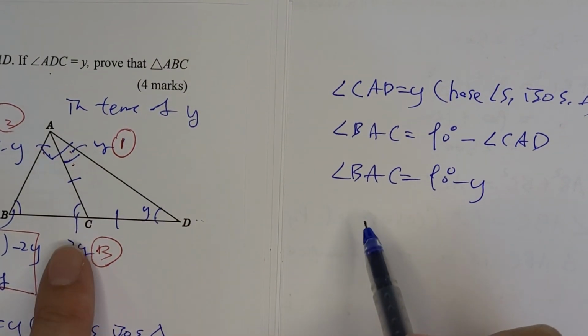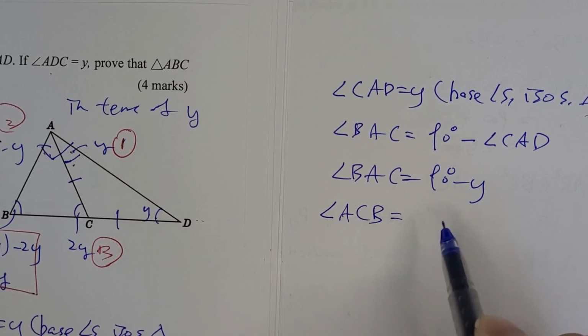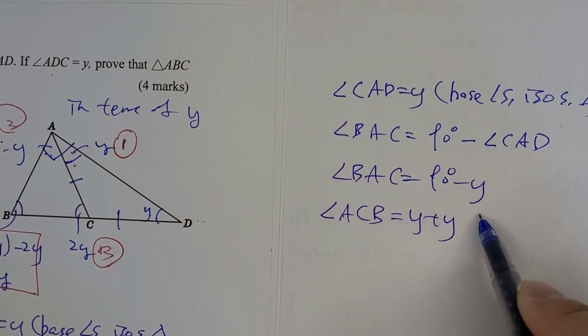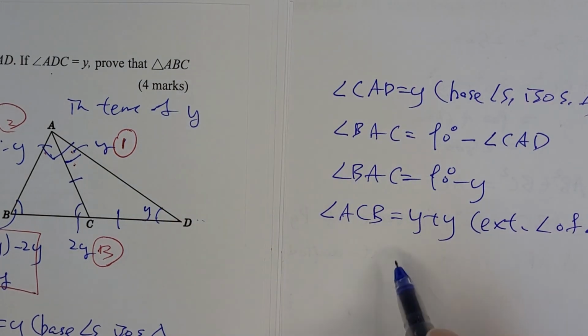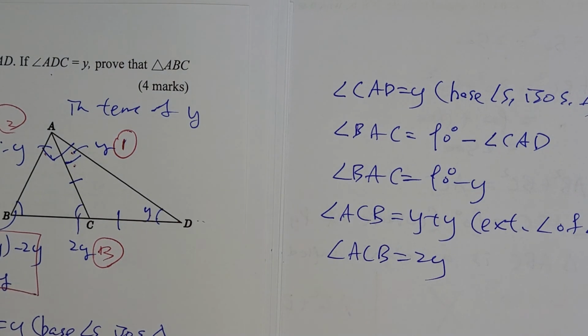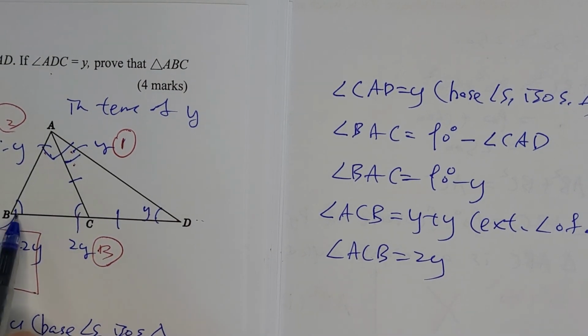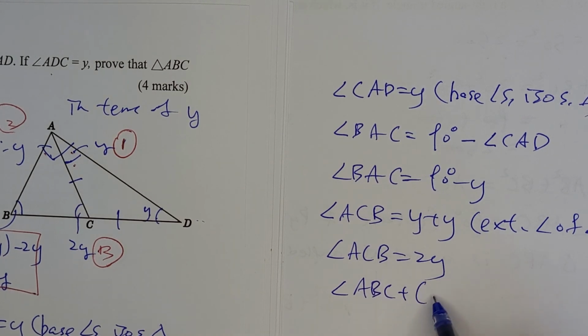And the third step, you find this one. Angle ACB equals y plus y. Reason: exterior angle of triangle. Then you find angle ACB, that is 2y. Next, you need to find this angle ABC. Angle ABC plus 90 degree minus y plus 2y equals 180 degree.